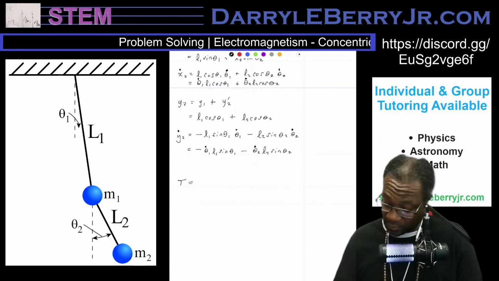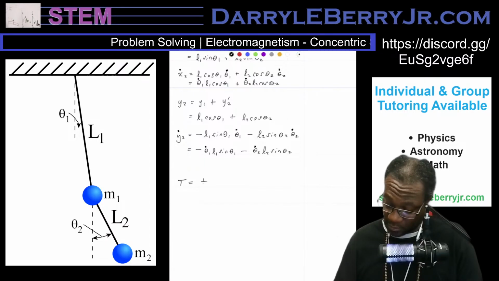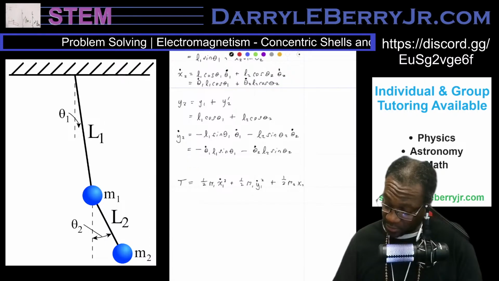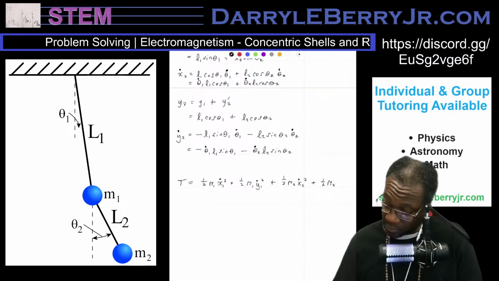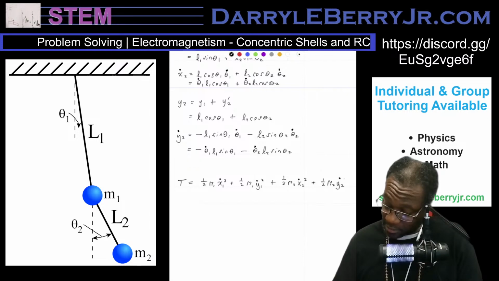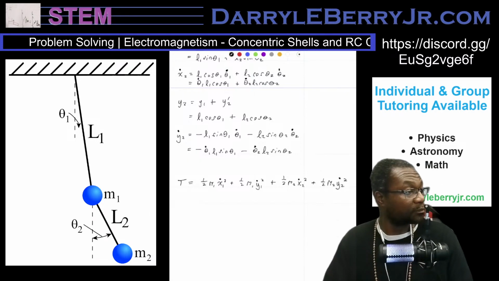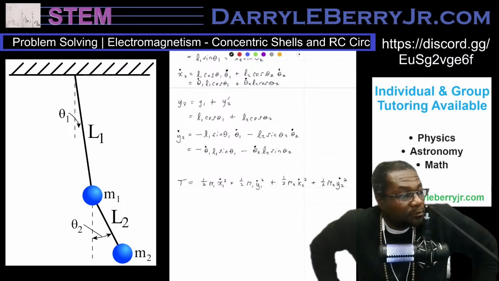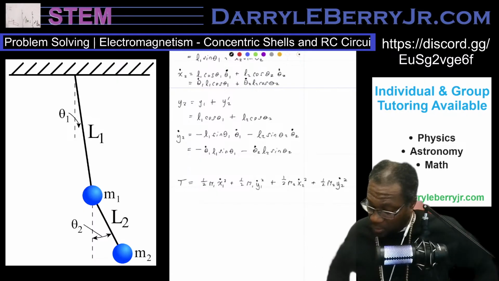We have T equals 1/2 m1 (x1 dot squared plus y1 dot squared) plus 1/2 m2 x2 dot squared plus 1/2 m2 y2 dot squared. It looks good.